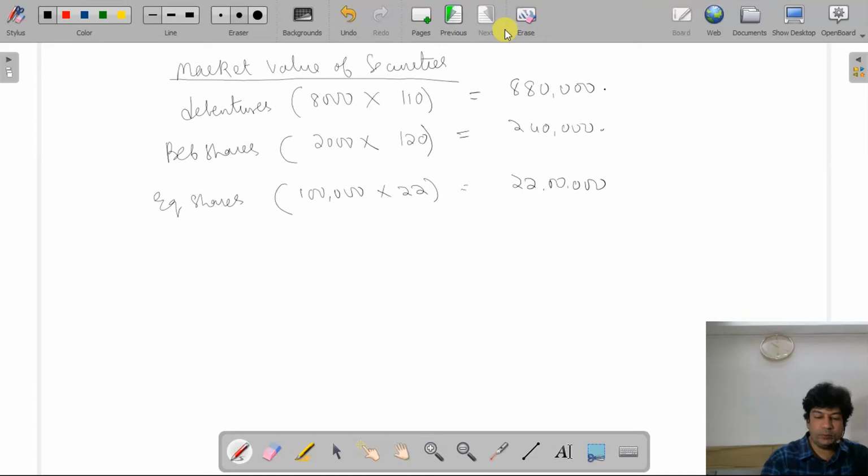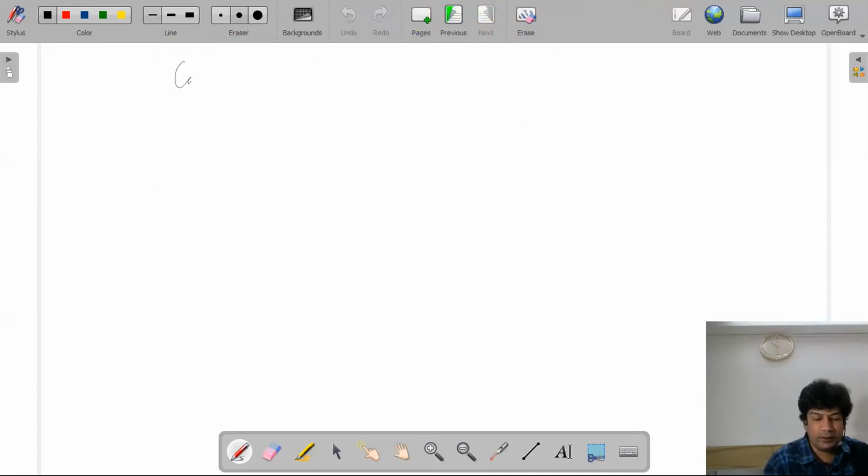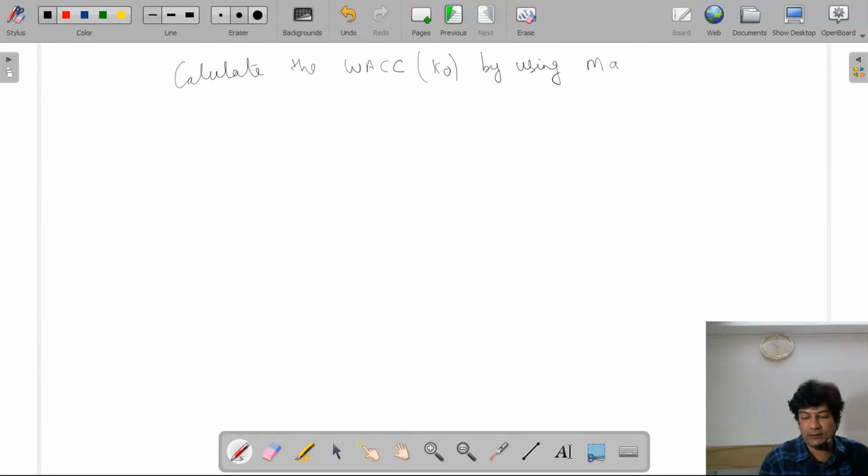So now we are going to move further, and calculate the weighted average cost of capital, which is Ko, by using market value as our weights.